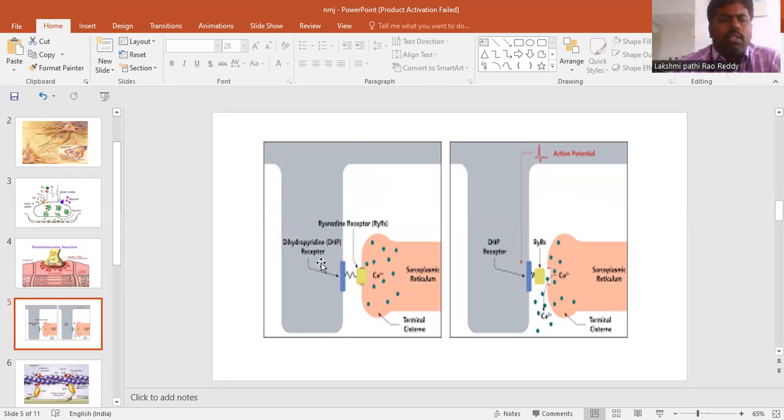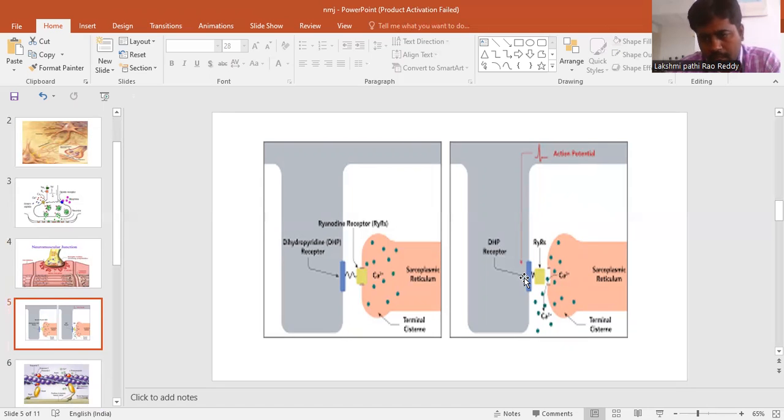So there are two receptors we must remember here. One is dihydropyridine receptors. This is the resting phase: see, there is a closure of these ryanodine receptors and no activation of dihydropyridine receptors. Once the action potential reaches here, it causes activation of DHP receptors, the dihydropyridine receptors.